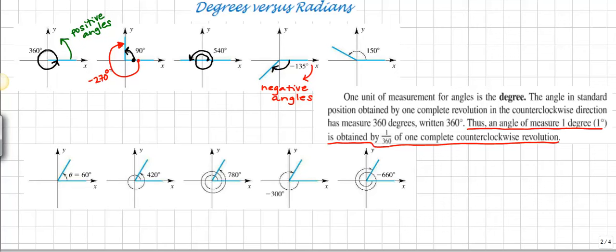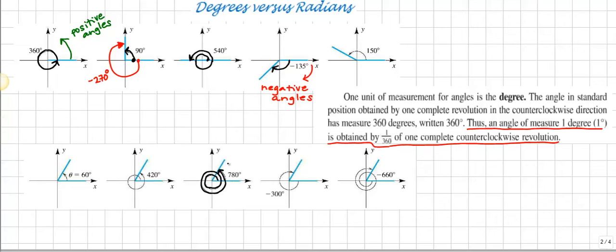All right, and you can see some more examples of coterminal angles in the figure below. And the fact that you can wrap around and create angles larger than 360 degrees just by continuing to go in a circular wrapping function pattern. And I can measure both positively and negatively.